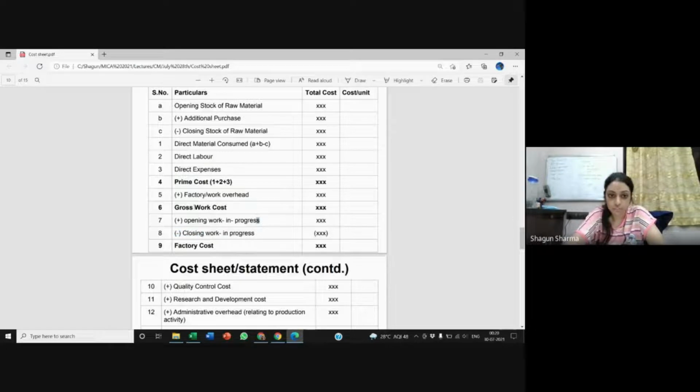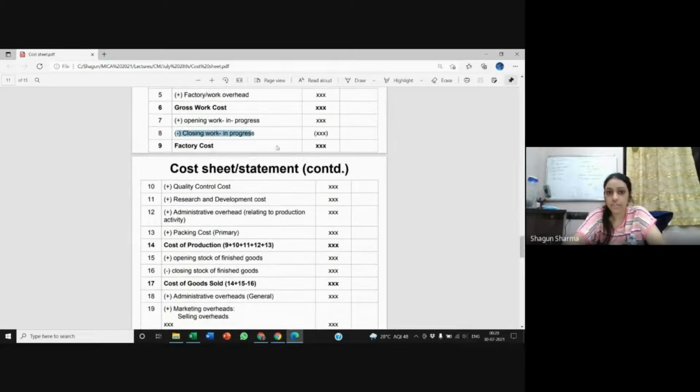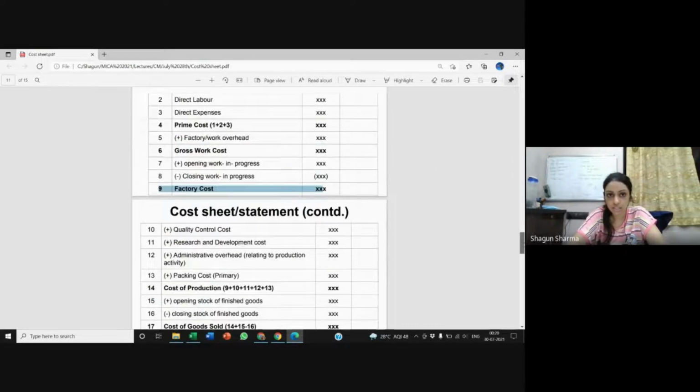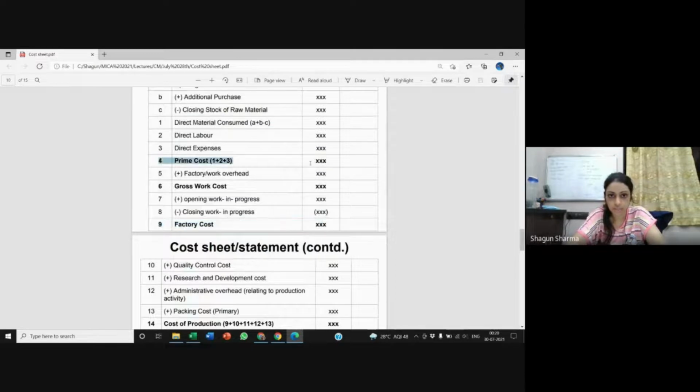Okay, so after gross works cost, remember that you have to adjust for just the WIP inventory. Okay. Then the figure that you get is called your factory cost. This is another subheading. So if you will see, these are the important subheadings: prime cost, gross works cost, and then factory cost.